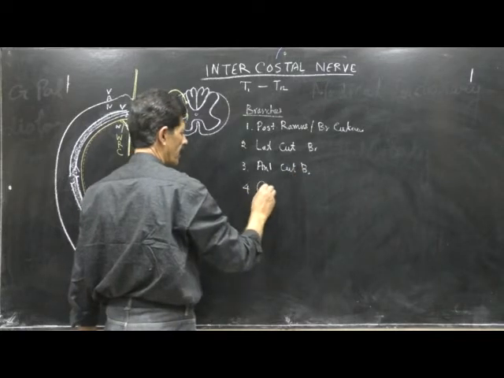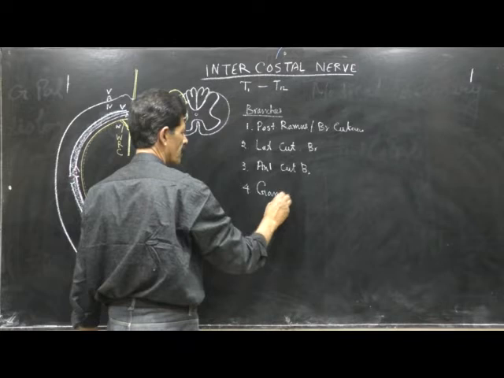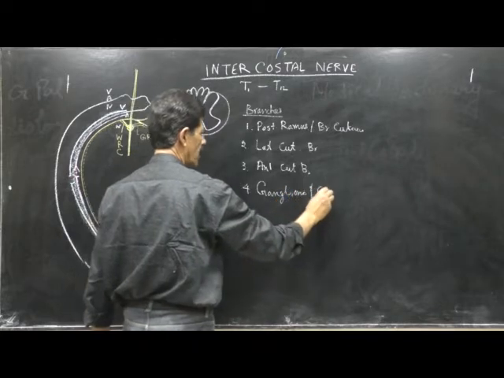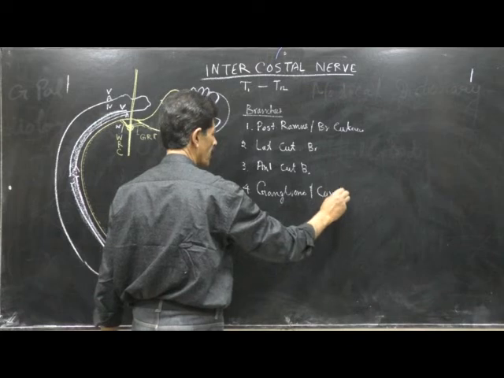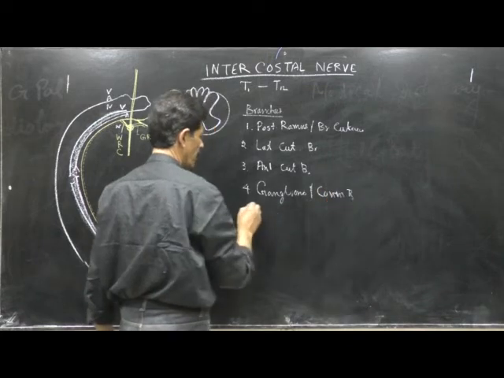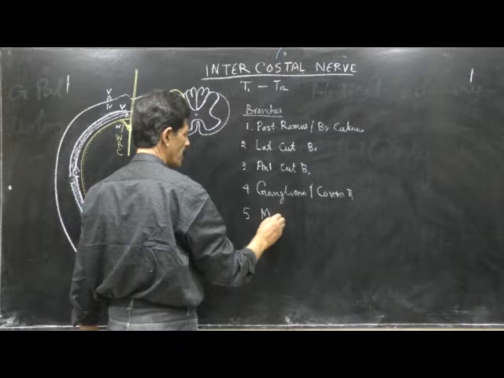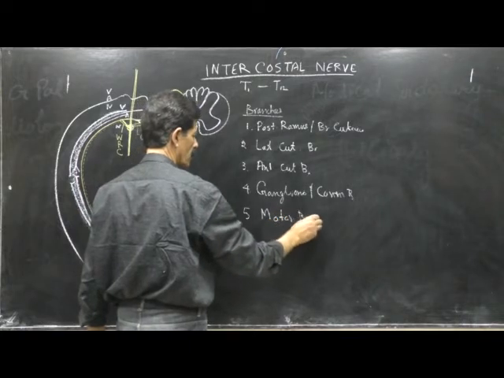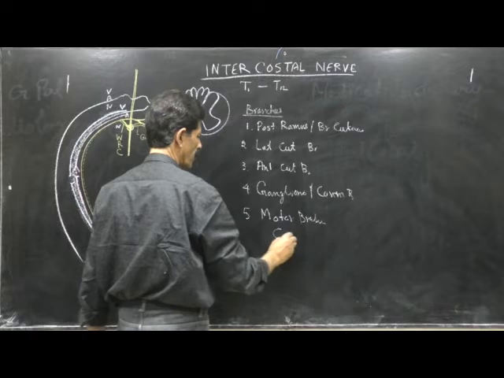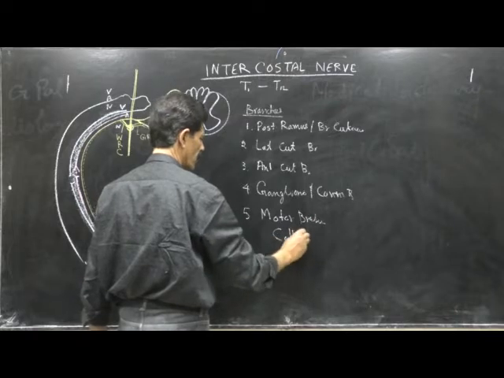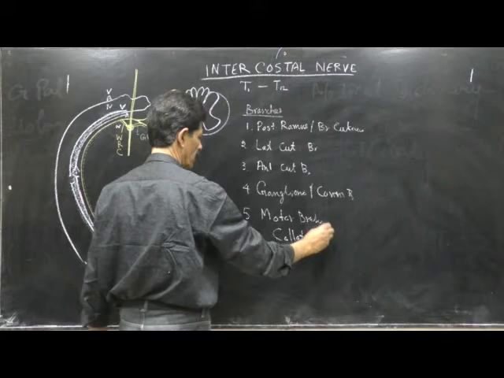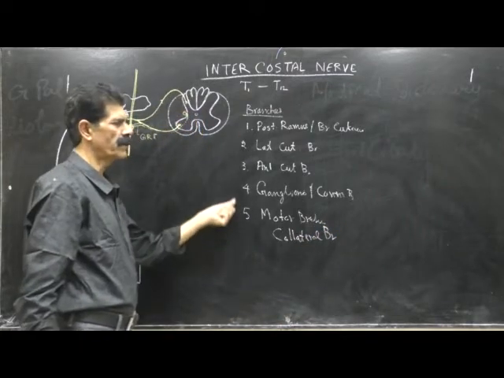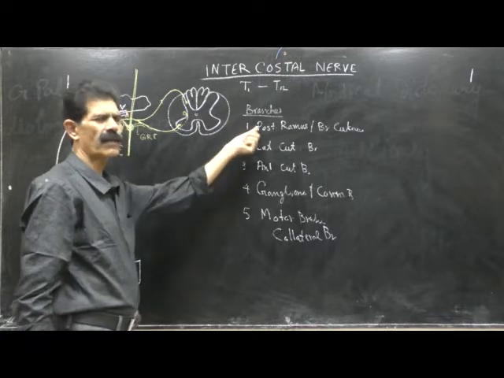Then there are the ganglionic branches, also called the communicating branches. Then the motor branches. It also has a collateral branch. So this is how we describe the intercostal nerve under these branches. So we will take them one by one.